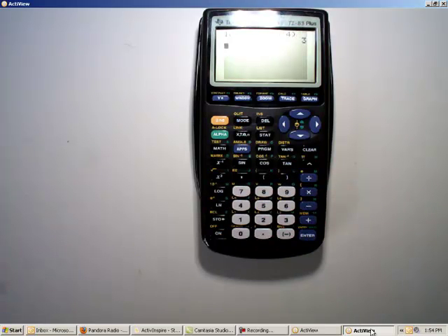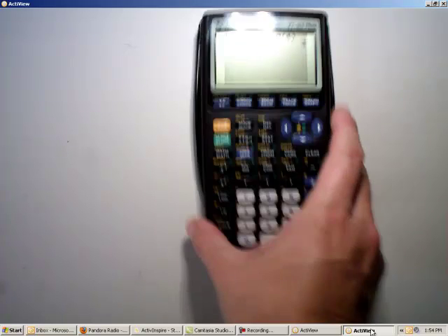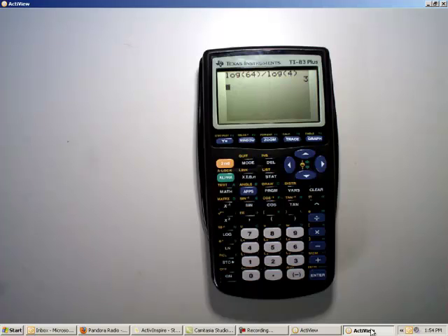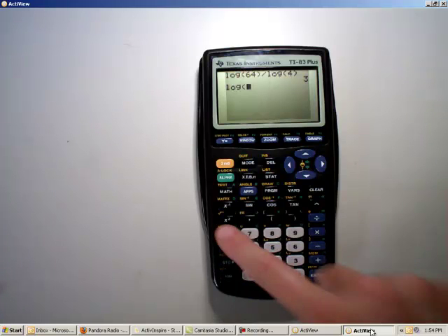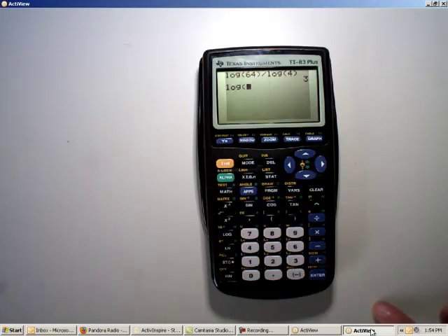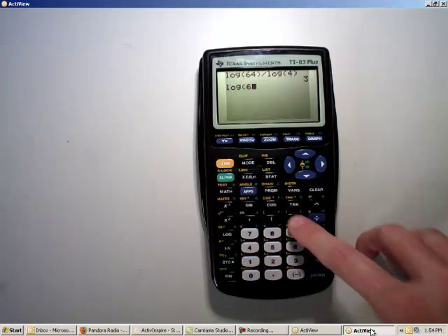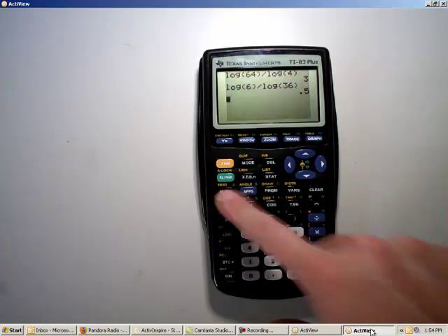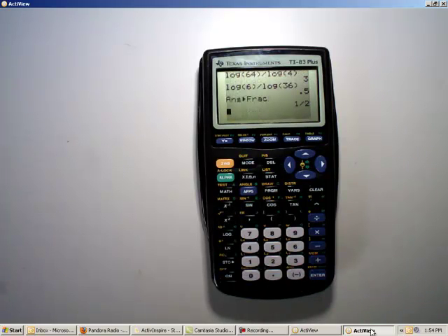And the answer is 3, so you can see that we do get this every single time. And now let's do the second problem. We have the log of 6 divided by the log of 36. And we get 0.5, which if we do math enter, that fraction is a half. Okay, so this is a way to do it in the calculator. You more than likely will like this way a lot better.